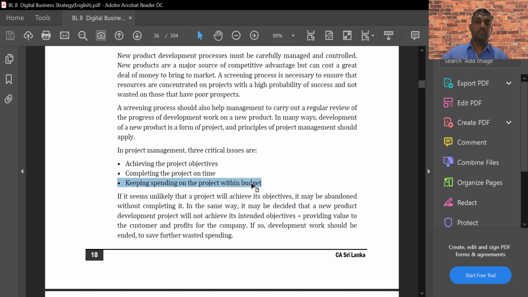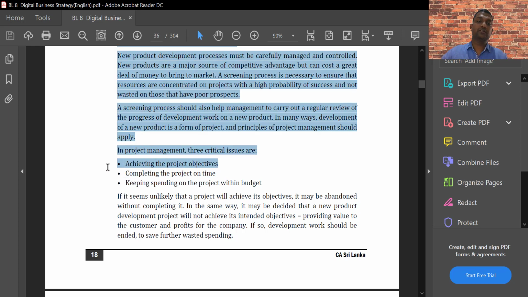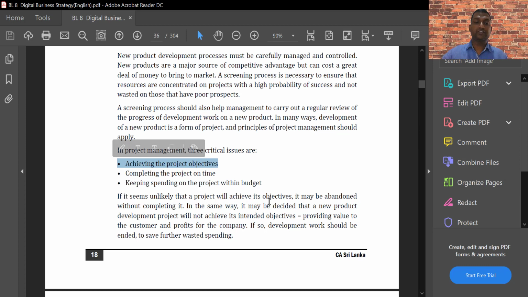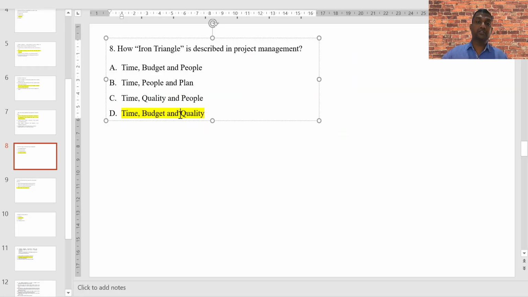So always a project should be targeted to complete on the planned budget and in the given time duration, and completing the project means achieving the objectives, which gives the quality of the project, if we achieve all the objectives as expected. Okay, so the answer is D.